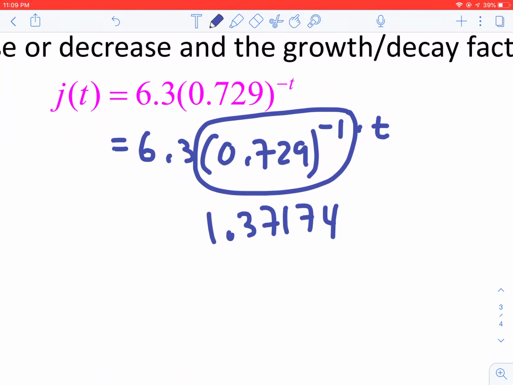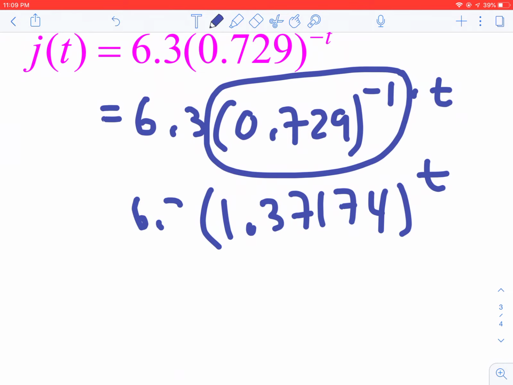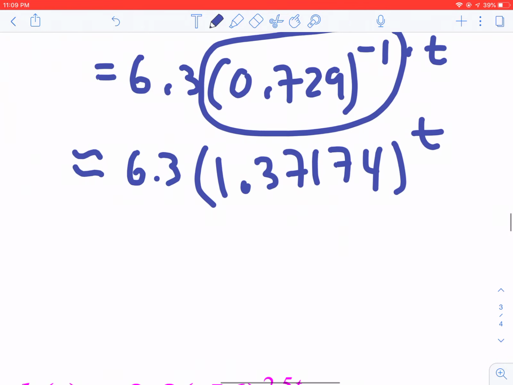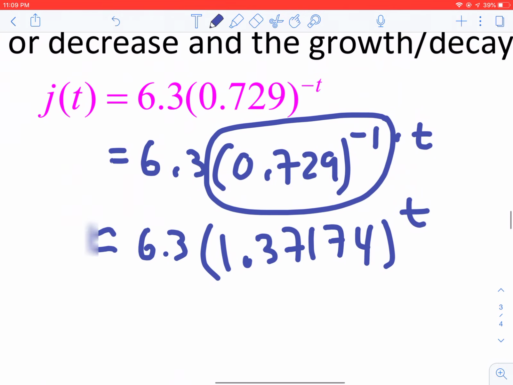I'm sure there are more decimals after that, but approximately that, to the t power, times 6.3. So we're originally starting with 6.3, and even though this number here was less than 1, because of that negative, that's really 1 over this number, so this is actually a percent increase.